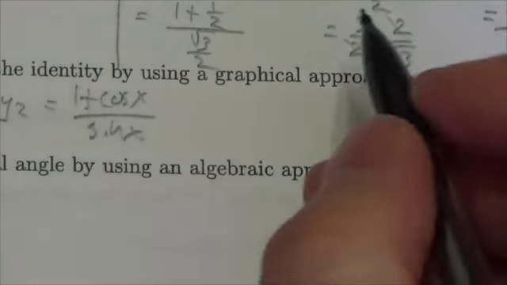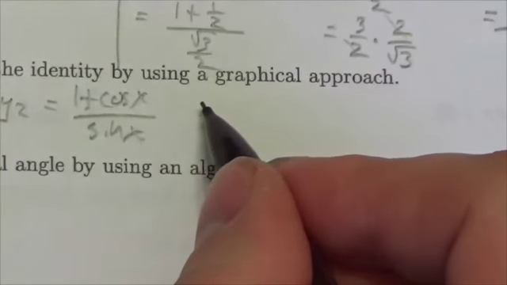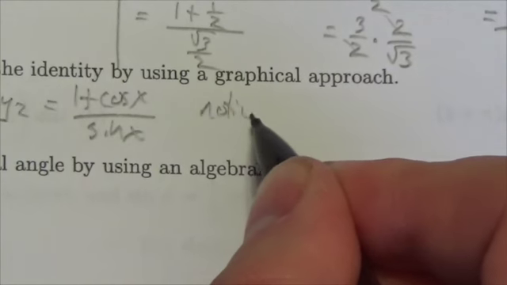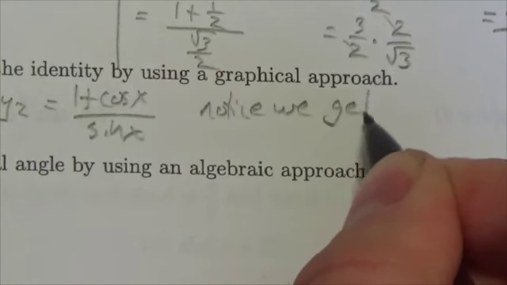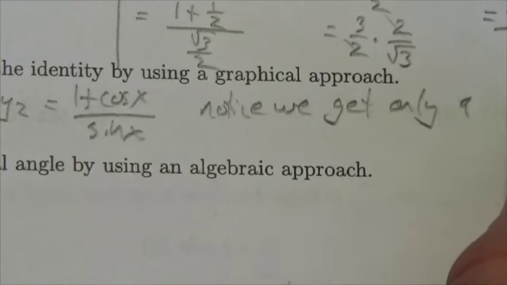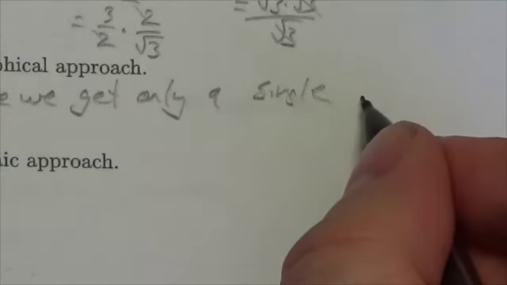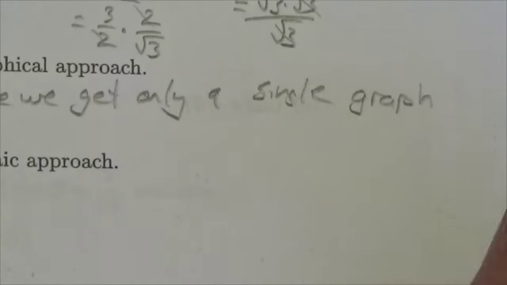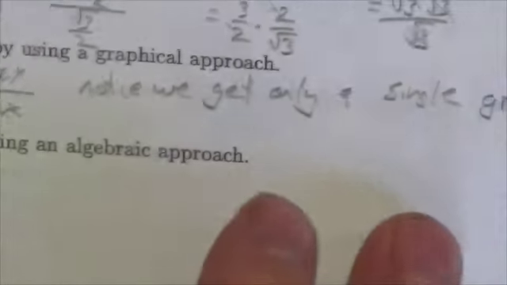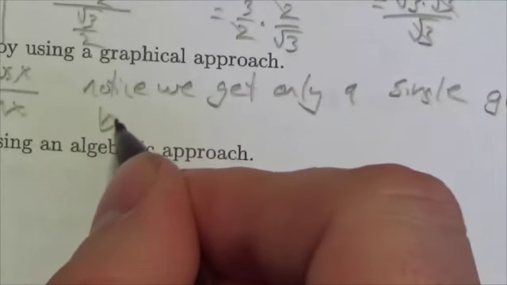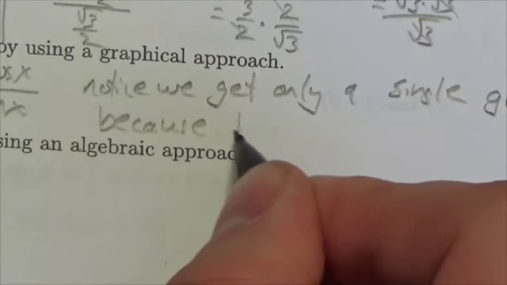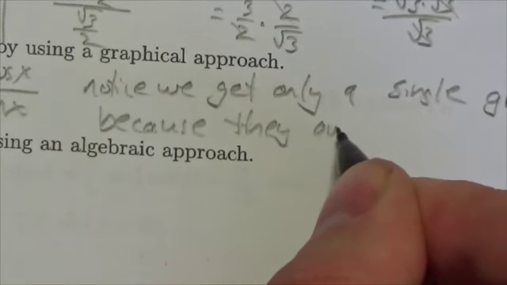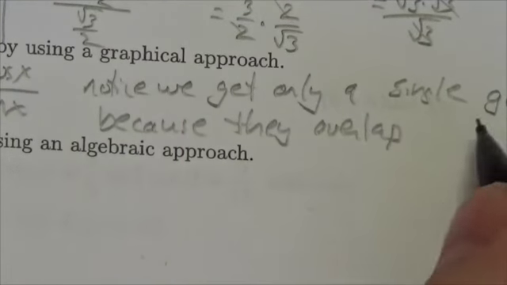And then when we graph this, we're supposed to notice we get only a single graph, because they overlap completely.